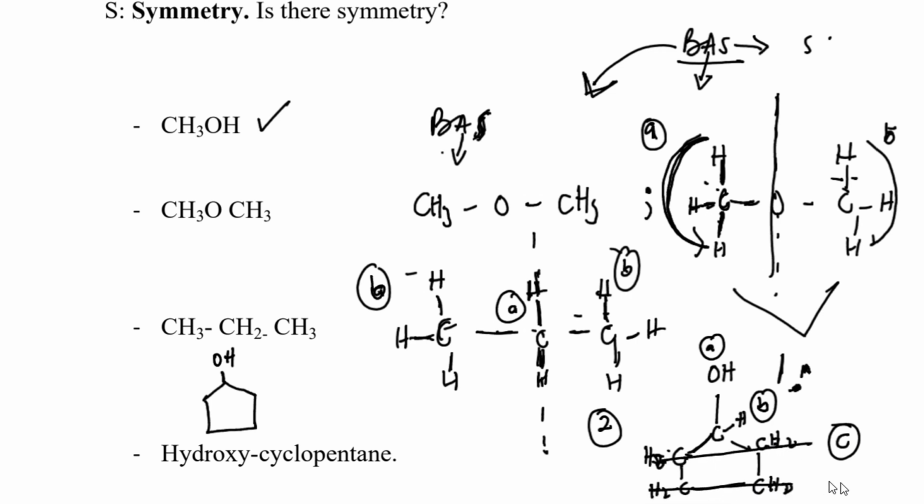We are calling them D. And they are different from this one. This one is joined to a carbon that is joined to OH, but this one is joined to a carbon that is joined to another carbon. So they are different. Basically we have 1, 2, 3, 4, so 4 magnetic environments.